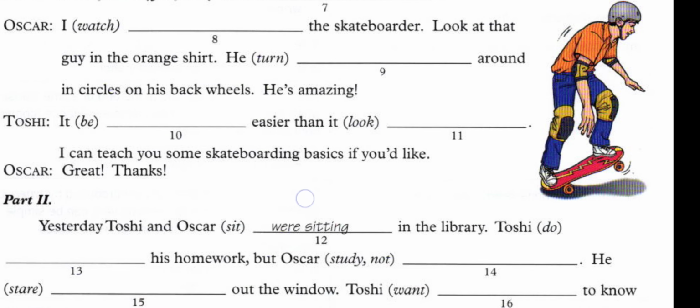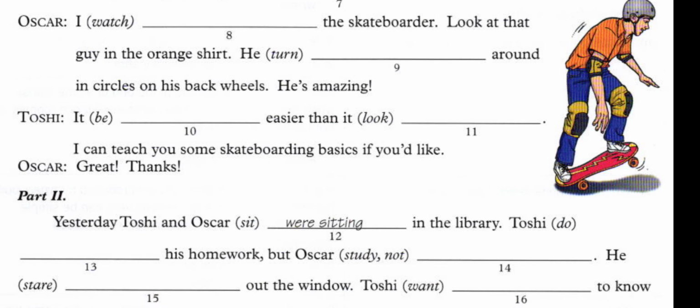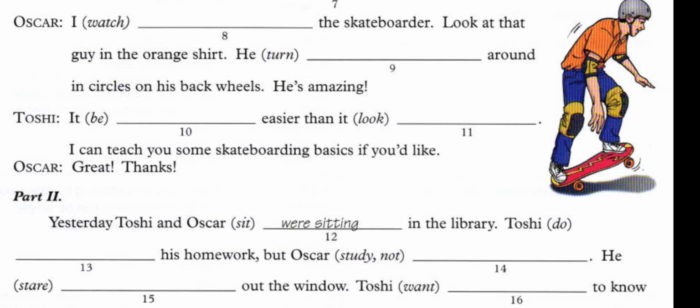Okay, number 10, Tushi, it be easier than it look. Now, in number 10, we have the verb "to be", and the verb "to be" is also a non-action verb. We cannot use it in the present continuous. We just change it into the form that agrees with the subject "it". So it should be: it is easier than it looks. Here, the verb "look" is not like the verb "look at".